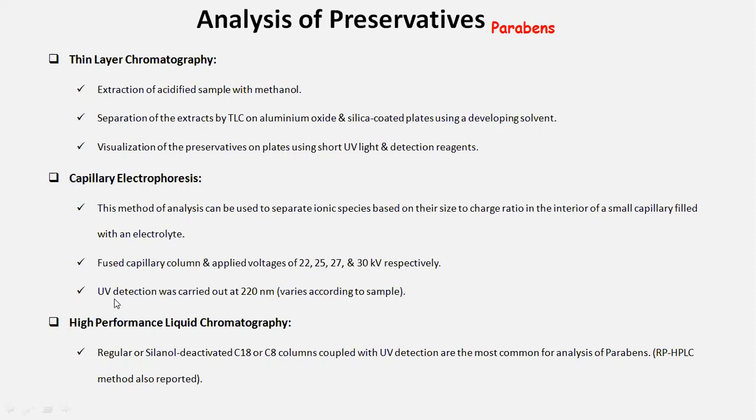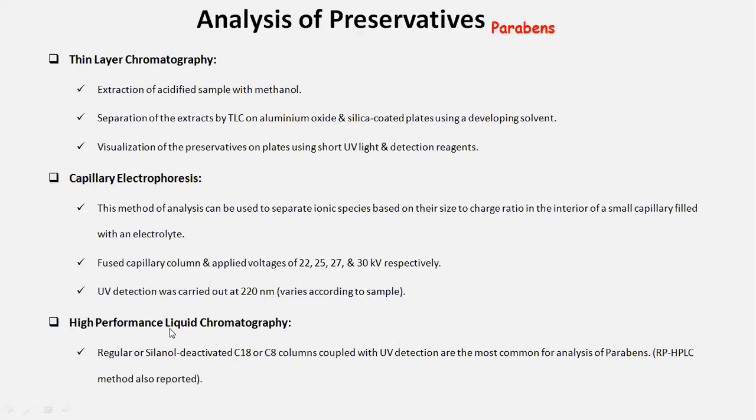After this, detection needs to be performed by employing UV detectors at 220 nanometers. This also varies according to the sample. Some may be at 205, some at 258, some at 275. It depends on the nature of the sample.